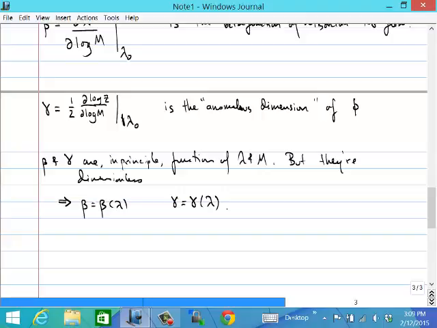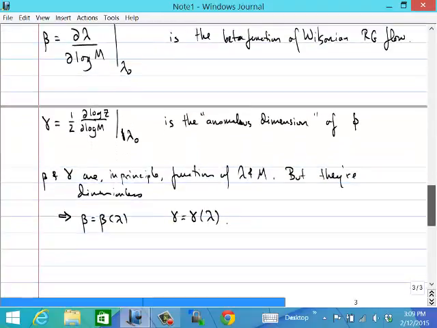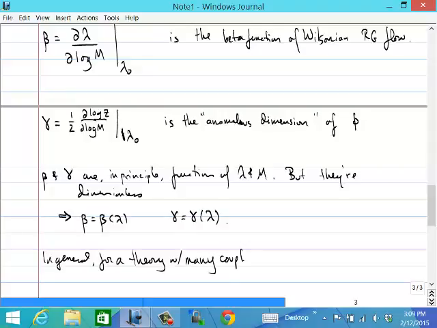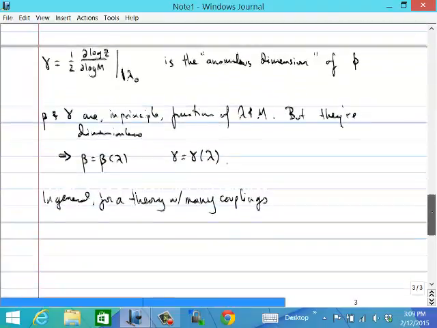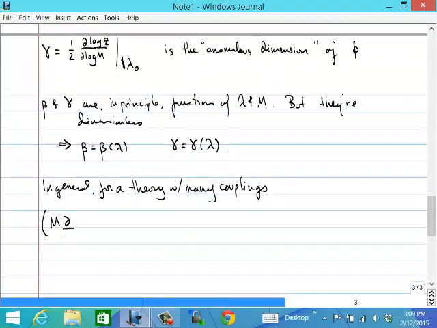So far I've just written down the Callan-Symanzik equation for scalar phi to the fourth theory. But in general, for a theory with many couplings, there's going to be a Callan-Symanzik equation which tells you how the various correlation functions change under a change of the renormalization scale.